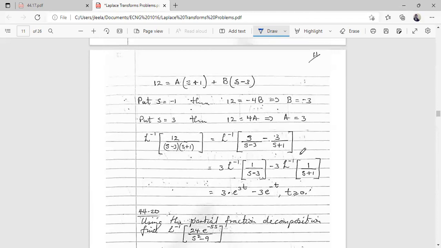So your Laplace inverse of that function in s could be broken into the Laplace inverse of 3, because your A is 3, over s minus 3, minus 3, because B is minus 3, over s plus 1.